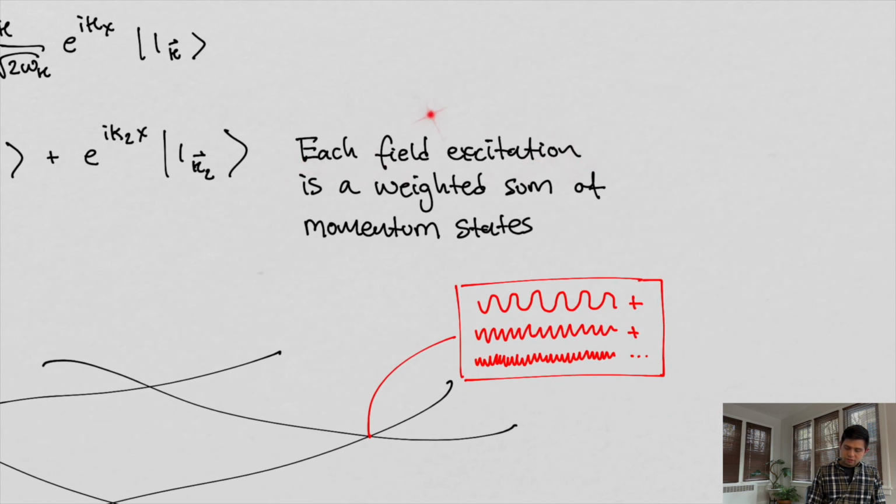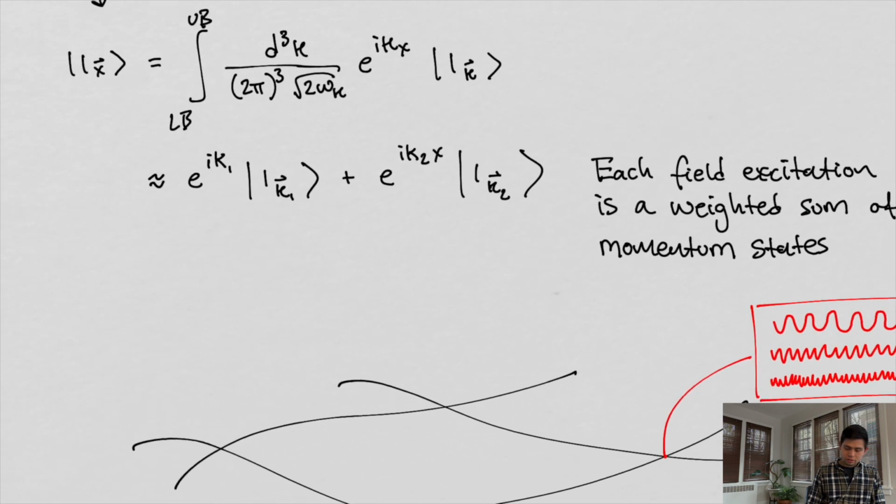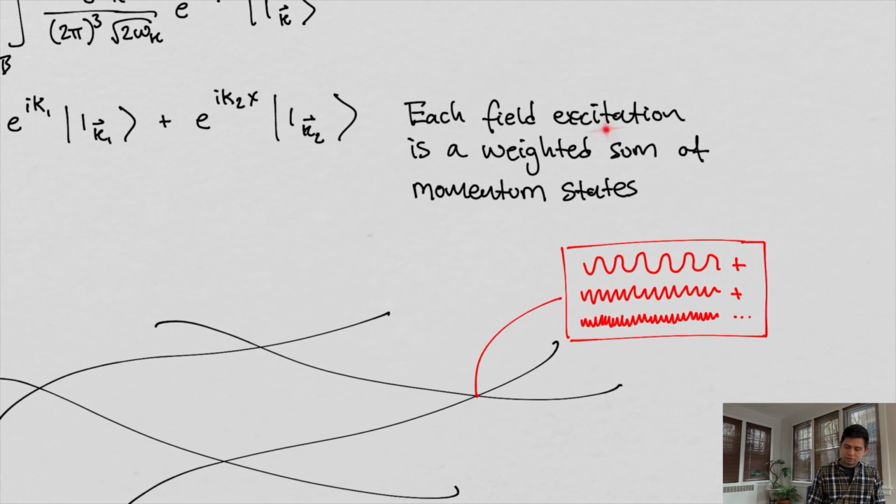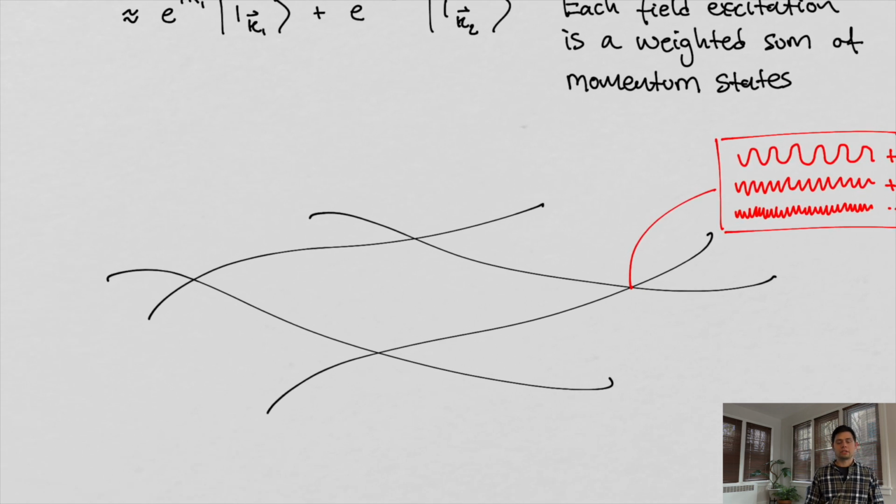Now, each field excitation, again, is essentially a weighted sum of momentum states. That is how we view this, right? Let's take a pictorial understanding of what this might look like. So here's our space.